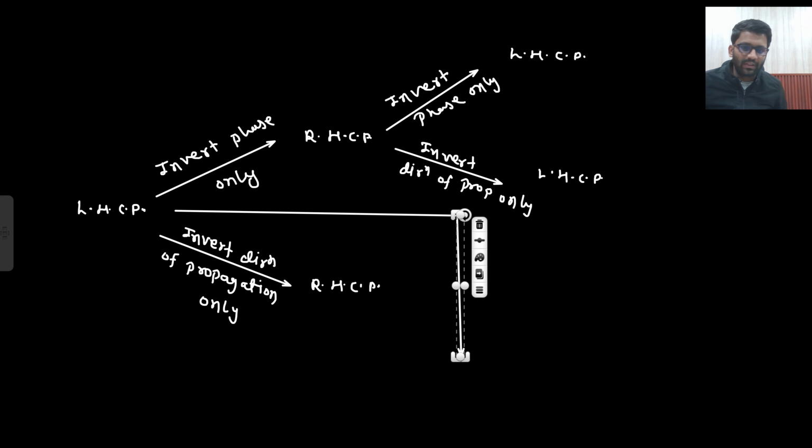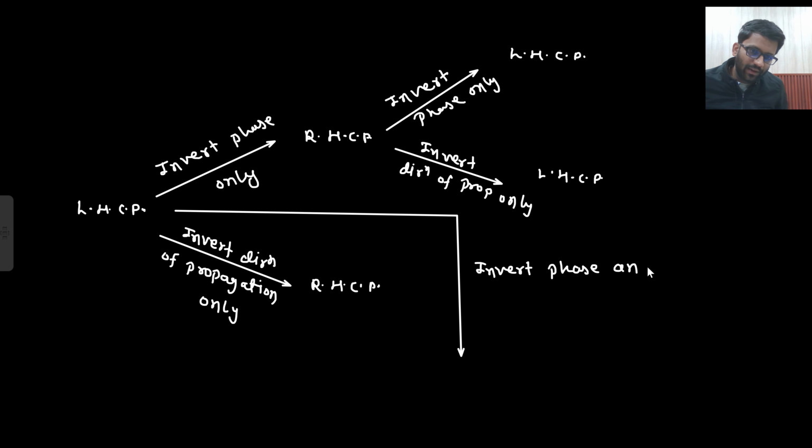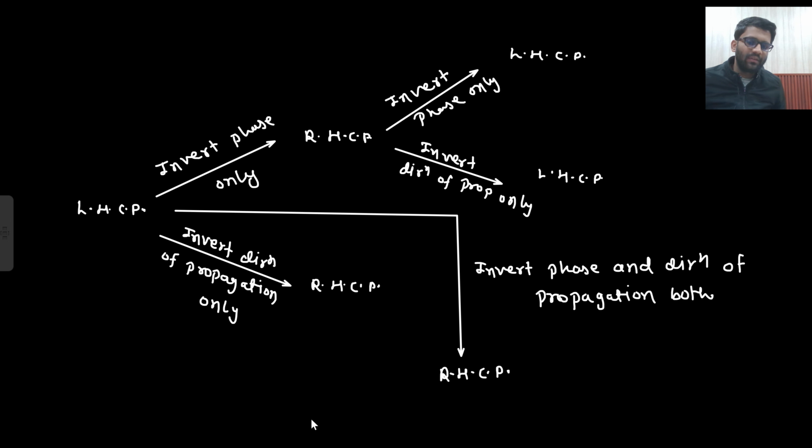If I invert both things, that is, invert phase and direction of propagation both, where will I land? From LHCP I will land at RHCP. Sorry.